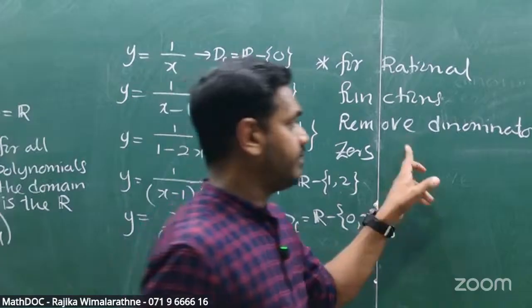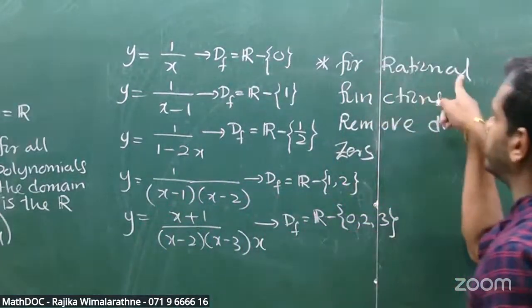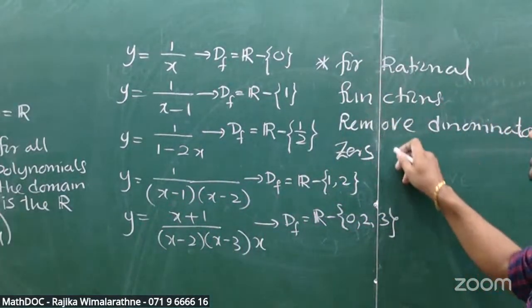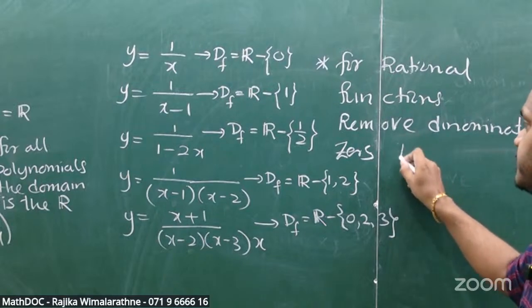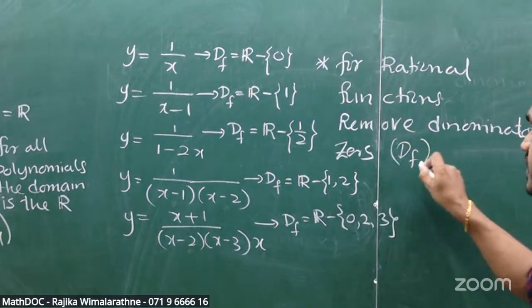Very important point: for rational functions, remove denominator zeros. This is for domain.